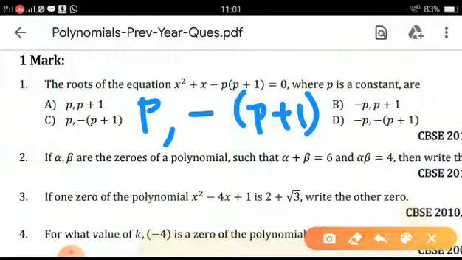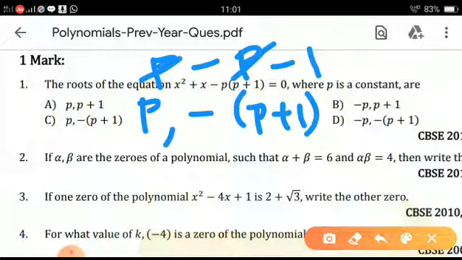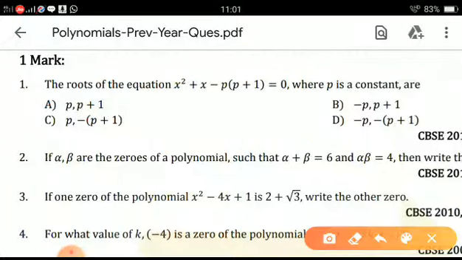So the product I have got. Now what should the sum be? The sum should be equal to 1. If I add these 2, I'll get p minus p minus 1. So p and p will get cancelled, but the sum I will get is minus 1. So again, this second option won't be there.